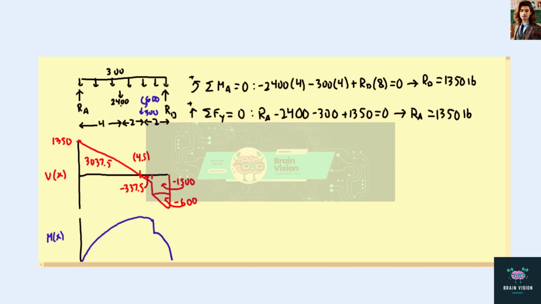Okay, so the peak: we'll use the positive area in our shear diagram, which will be the maximum of our moment. So we'll get this peak at 4.5, and 3037.5 will be the maximum for our bending moment.